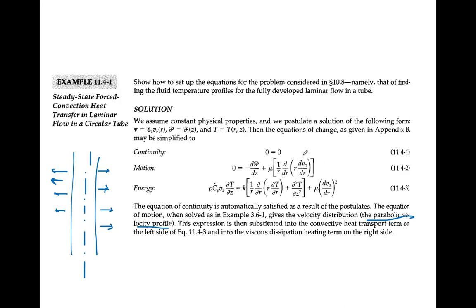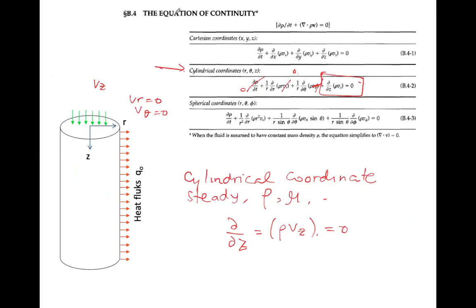Okay, so let's have a full practice just to check. Let's say, for example, this is the equation of continuity. Again, we have the fluid flowing, and we have a heat flux on the surface like this. The equation of continuity tells you that dou rho over dou t is 0 because it's steady.